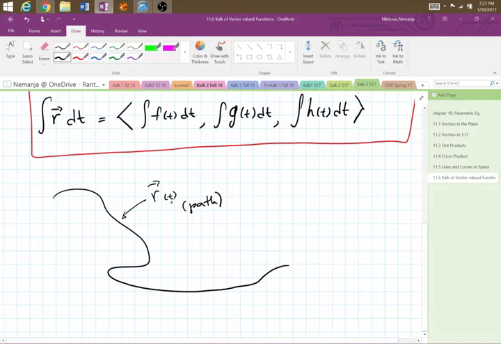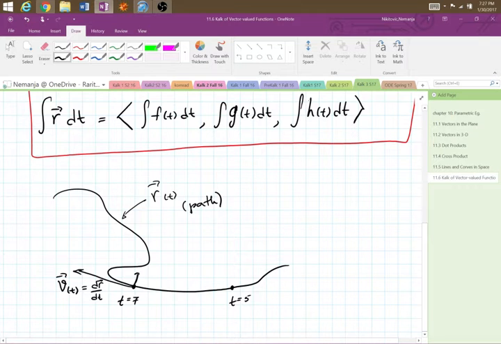Say at this point here t is equal to 5, at this point here t is equal to 7, and so on, seconds, hours, whatever it is. At any point in time, the derivative of the path is the velocity, your capital V of t, which is the derivative of r. These are all vectors.